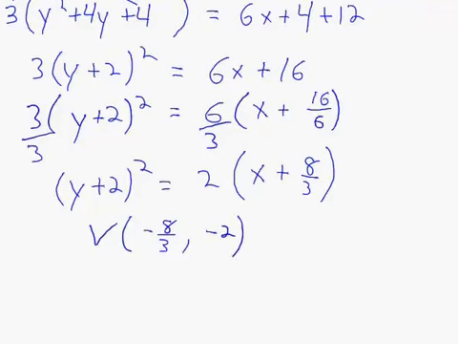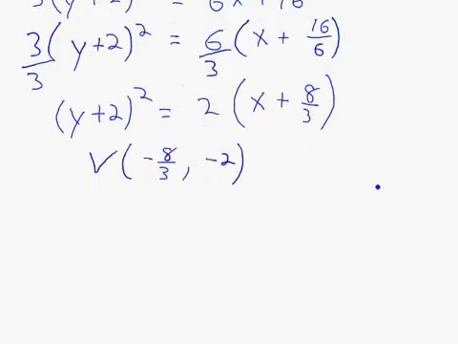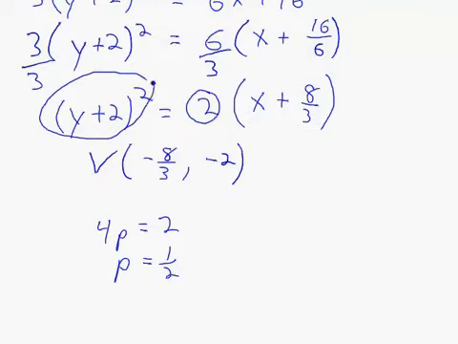Okay, so now we need to come up with the focus and directrix. Before we do that, I want you to realize that 4p is equal to 2, which means p is equal to 2/4 or 1/2. Because the exponent of 2 is attached to the quantity involving y, we know this is a parabola that opens sideways.